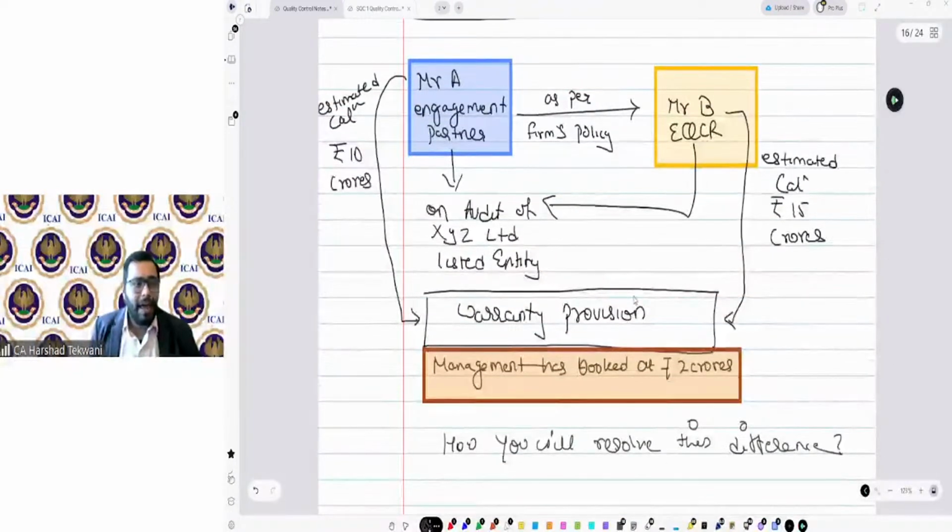So I'm saying Mr. A, engagement partner, says estimation 10 CR for the warranty. Mr. B, EQCR, says estimation 15 CR. And management has booked 2 CR. Who is correct?